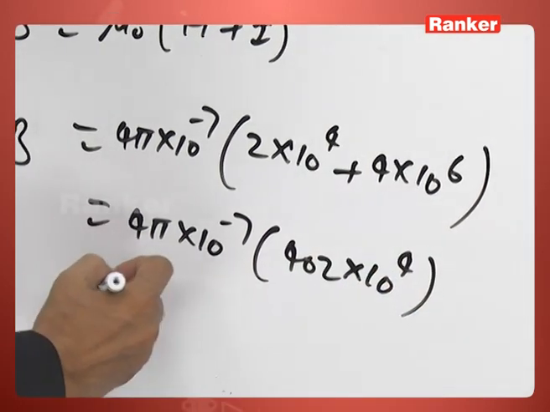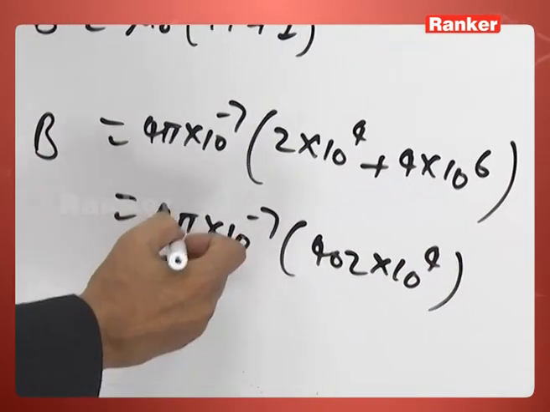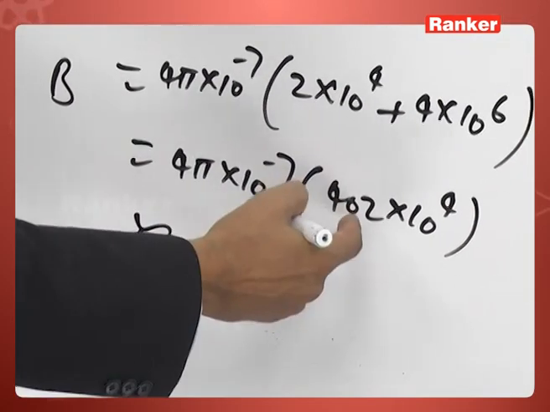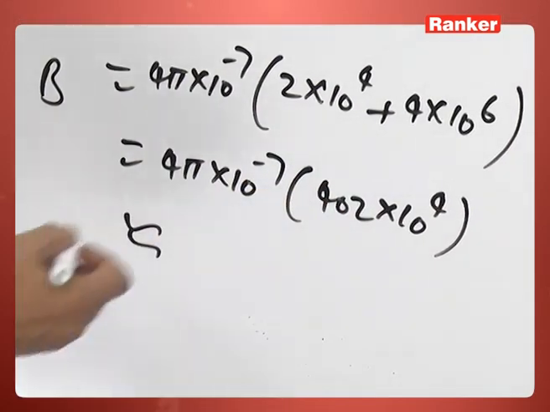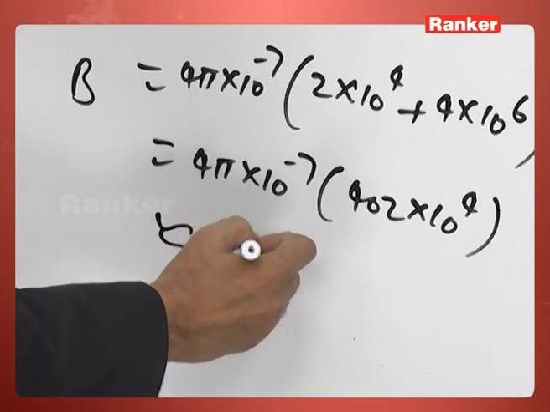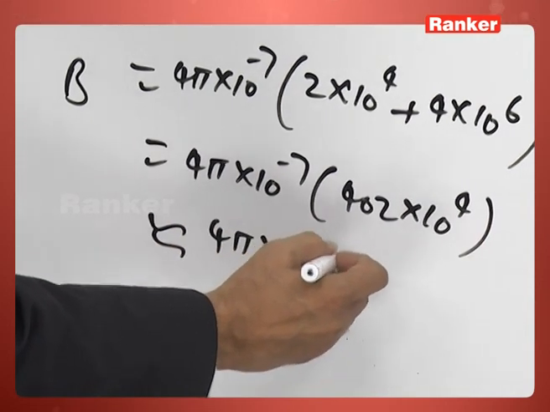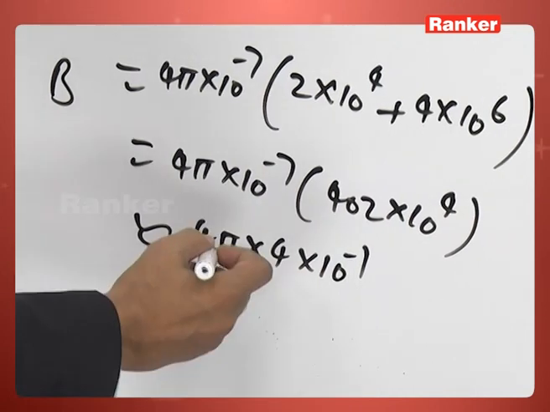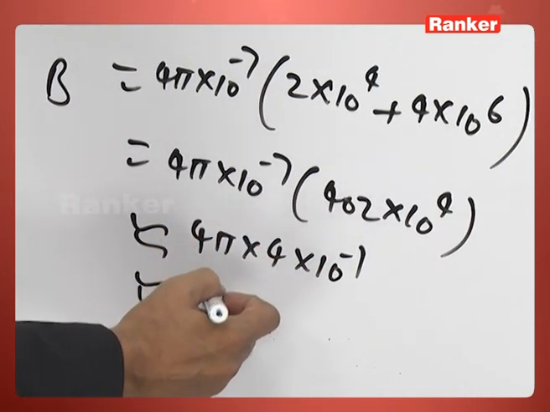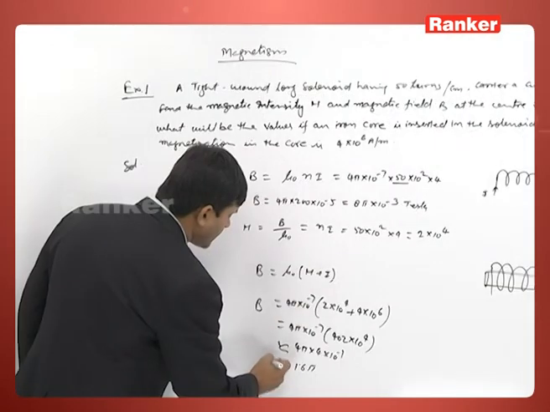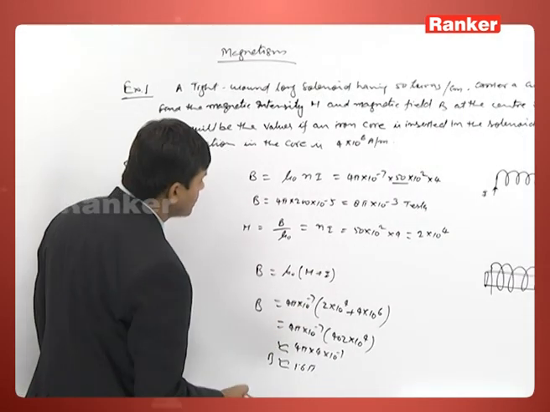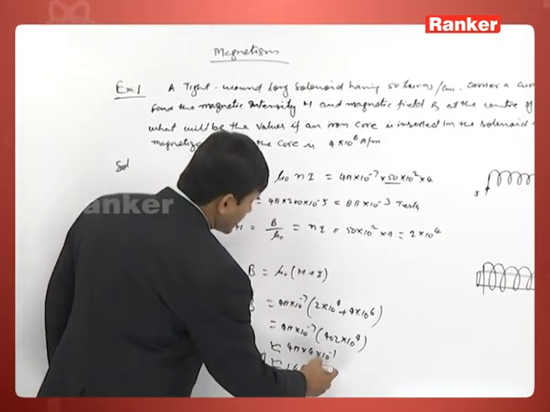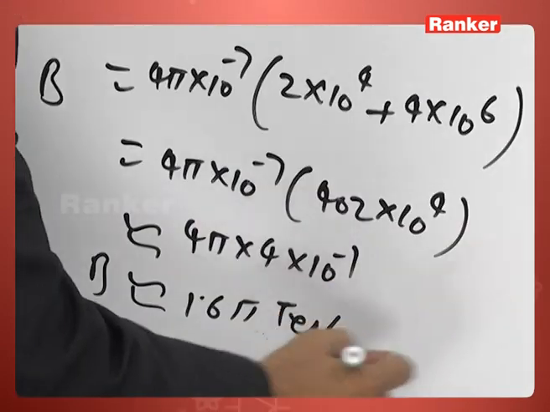So approximately we can say 4 pi into 402, this is 4.02. So 4 pi into 4 into 10 power minus 1, 16 pi or around 1.6 pi. This is the value of B in Tesla, around.